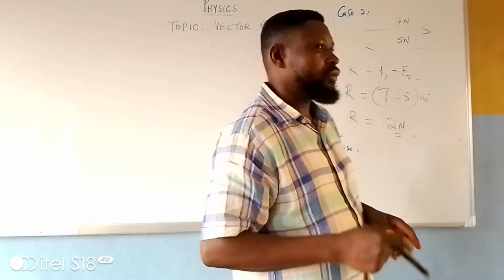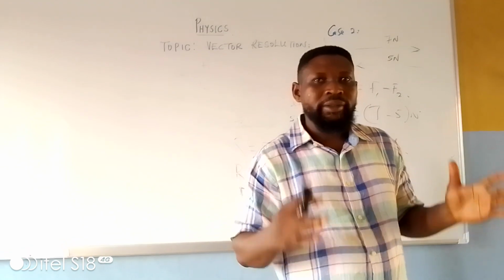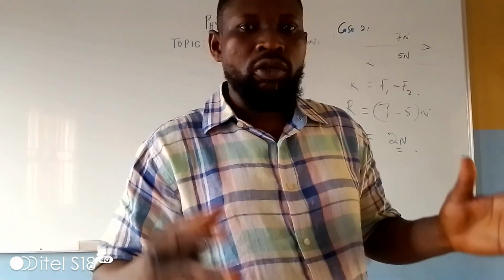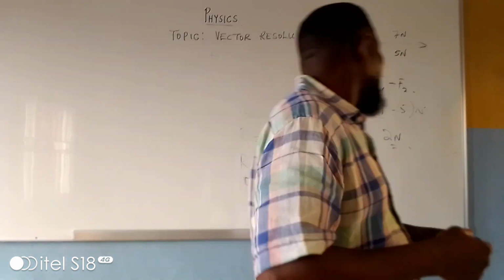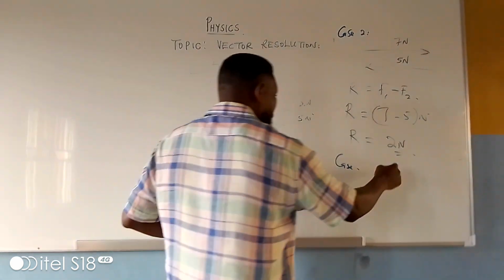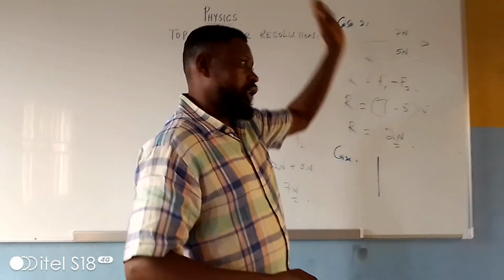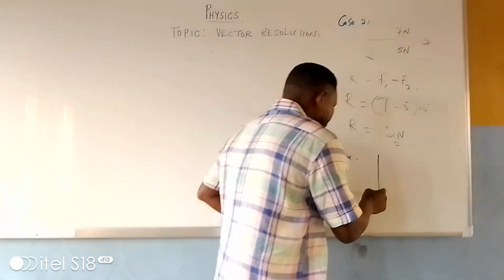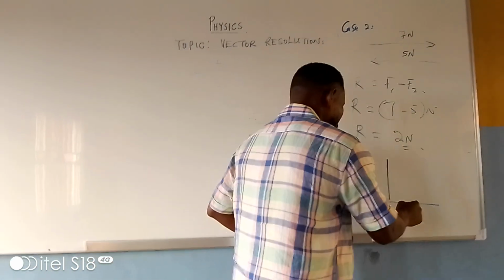In case 3, we consider two forces acting perpendicular to each other. That is, we look at the initial force, which is acting in the vertical direction, and the second force acting in the horizontal direction.